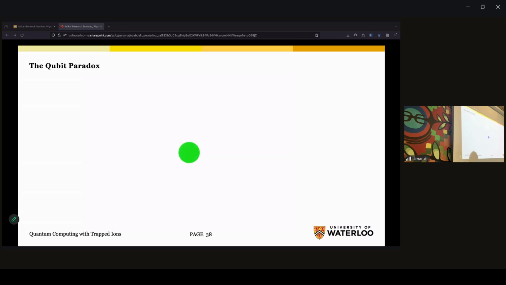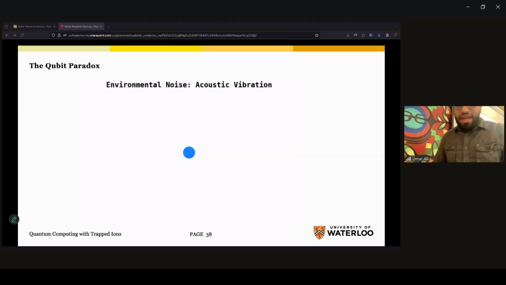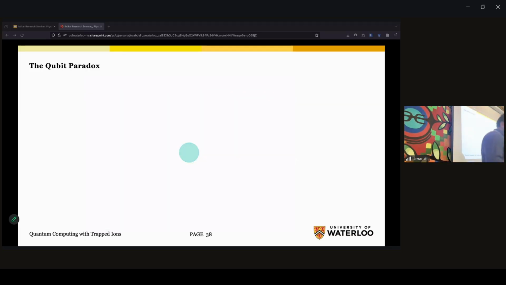But if you think about it, if you isolate the qubit, how would you interact with it? What would be the way? Also, we want the qubit itself to be quantum mechanical. So those are two questions: what is the qubit, how do we isolate it, and then how do we interact with it. And this is what I'm going to answer right now.